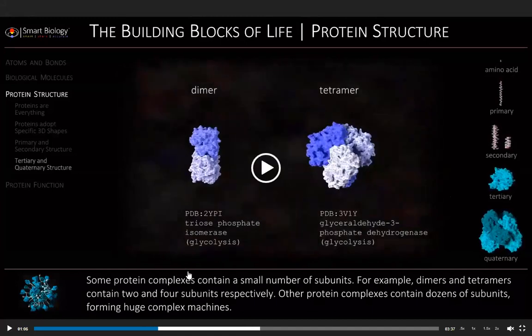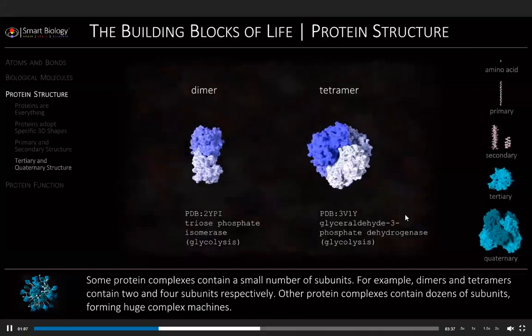Some protein complexes contain a small number of subunits. For example, this is a dimer, triose phosphate isomerase, a protein found in glycolysis. Whereas there can be a tetramer, for example glyceraldehyde 3-phosphate dehydrogenase, again a very important protein in glycolysis. This is a tetramer of 4 subunits that come together to form this complex. Other protein complexes can have dozens of subunits forming huge machines.